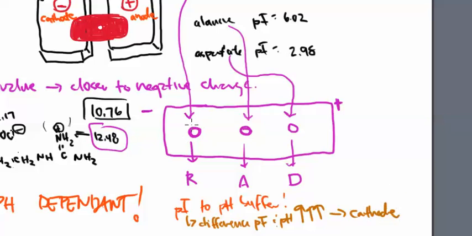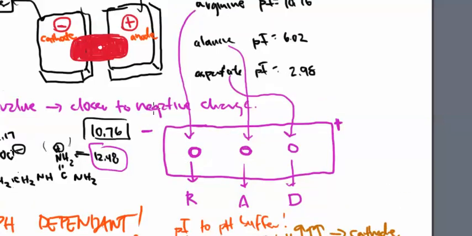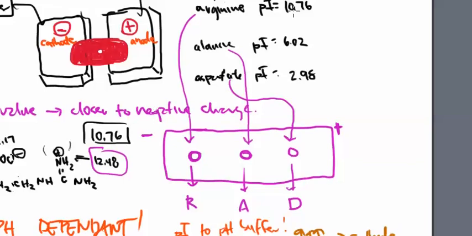So if I look at these pI values that we did in our example, we had a 10.6. Well, let's say that this pH that they used was a 5. Okay, so 10.6 is the furthest away from 5, so that means it's way over here toward the cathode. And then 6.02 comes in next, then 2.98 comes in next, but that's how you would order that separation process.